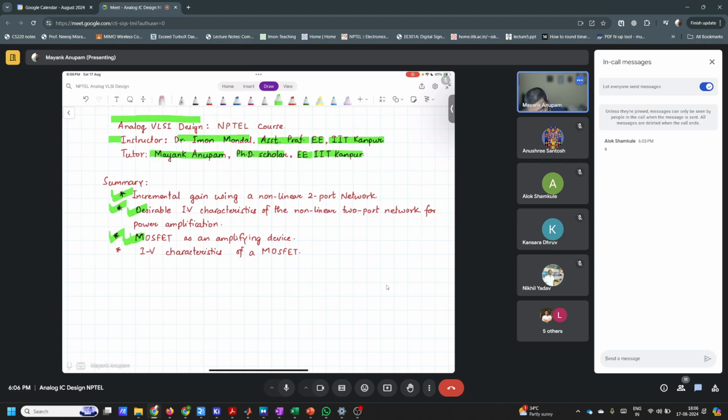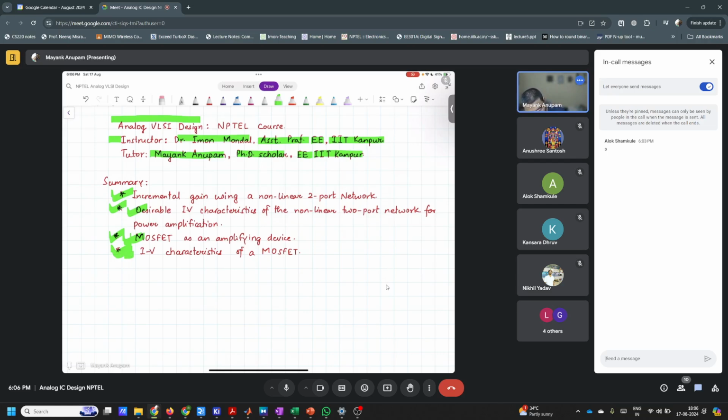MOSFET also acts as an amplifying device. So how can we use it for amplification? That is what we will see next. We quickly discussed the characteristics of a MOSFET and how a MOSFET works overall, from a very top-level view. We won't go into the device-level physics, but just have a basic understanding of how a MOSFET works.